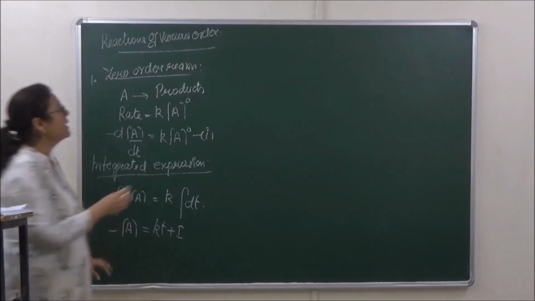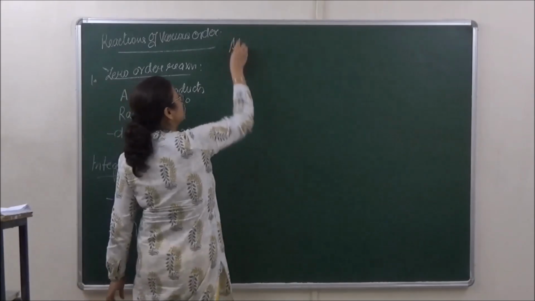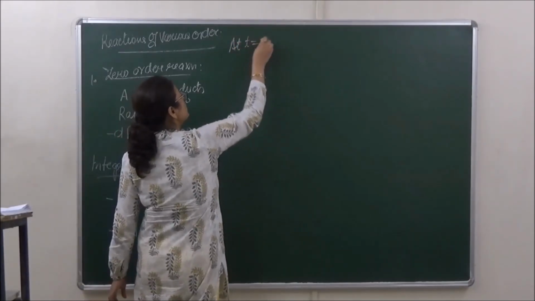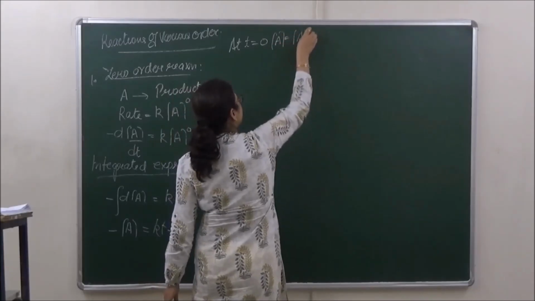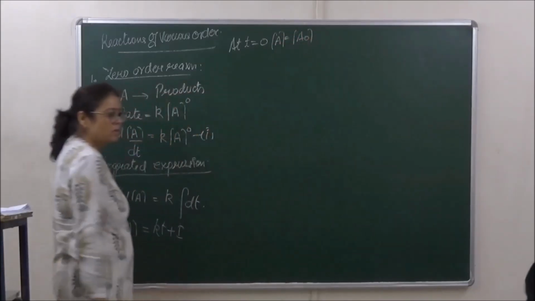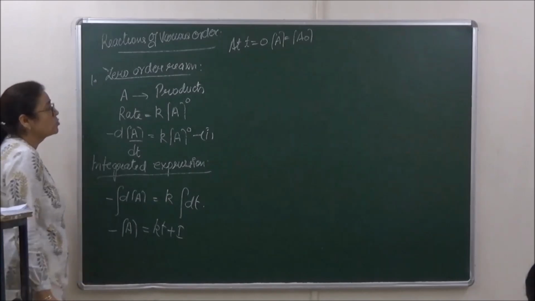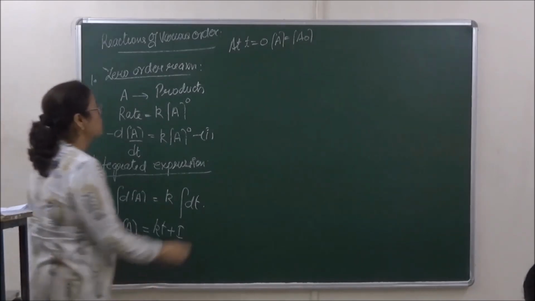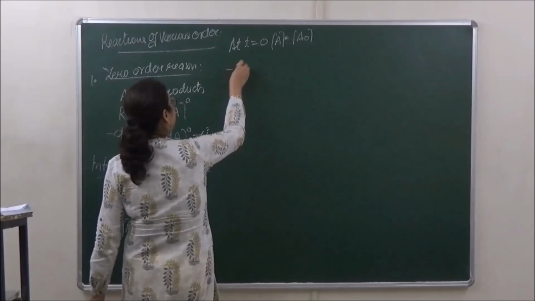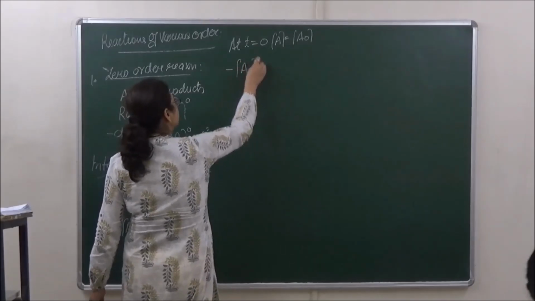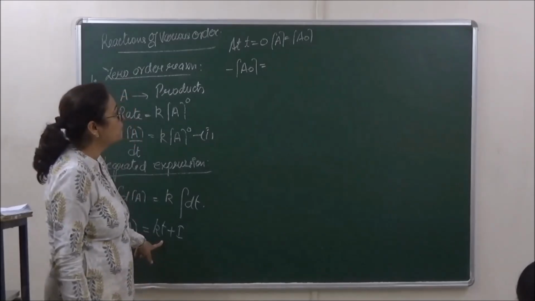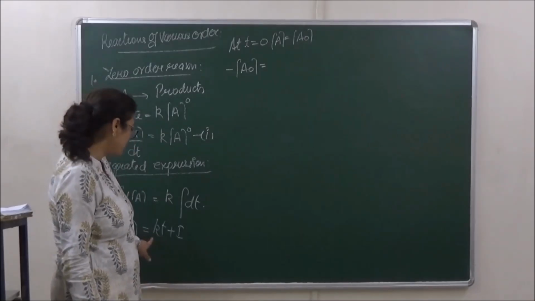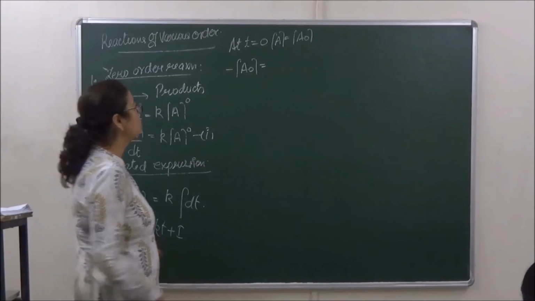Okay, now let's say that at time t equal to 0, the concentration of the reactant is taken as A naught. So at time t equal to 0, this equation will become minus A naught equal to kt, which will become equal to 0 over here, because time is 0, so k into t is going to be equal to 0.